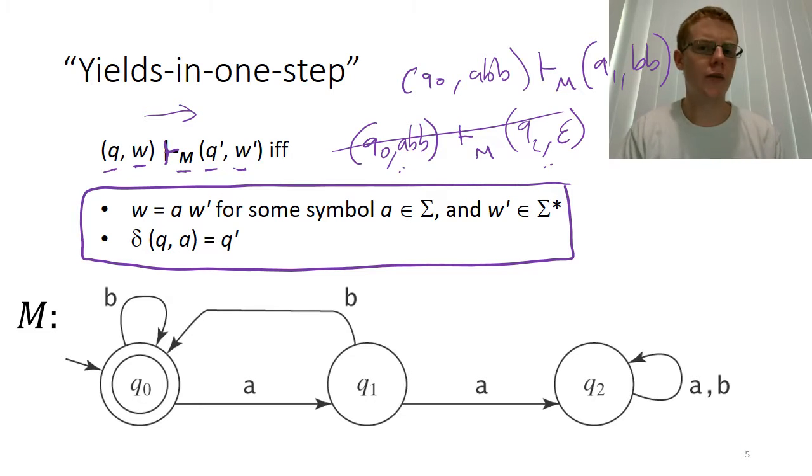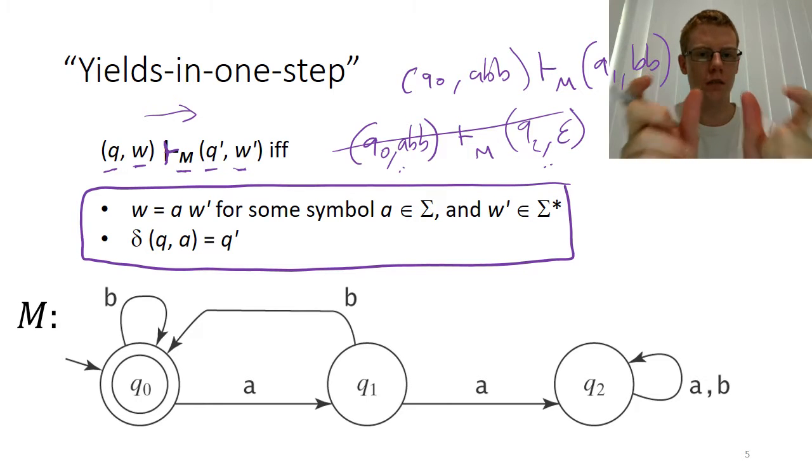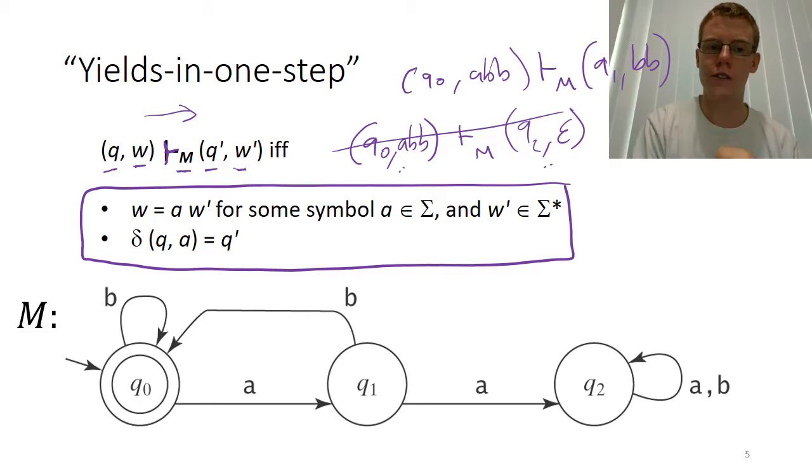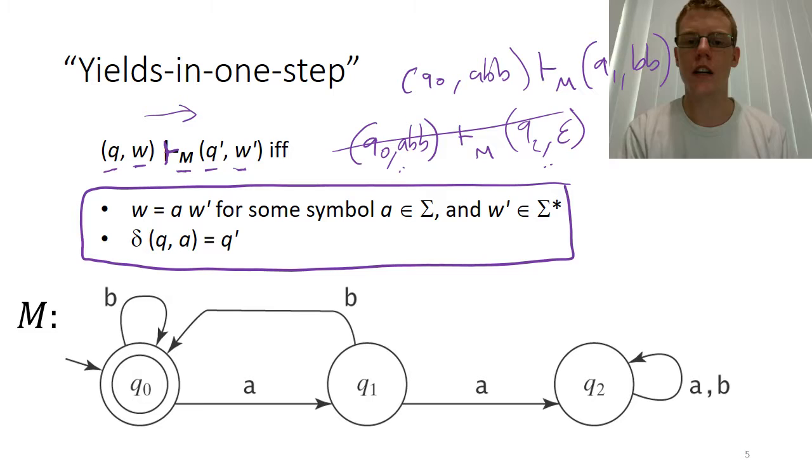So that's all the yields in one step means. It relates one configuration to another configuration within the set of all configurations if you can move from the first configuration to the second configuration in that machine. So you'll notice that for deterministic finite state machines, there will only be one possible pair for any particular configuration, because we always only have one option to move.